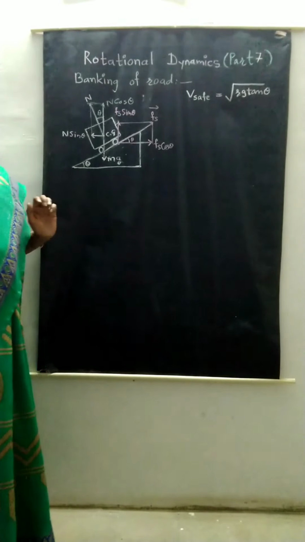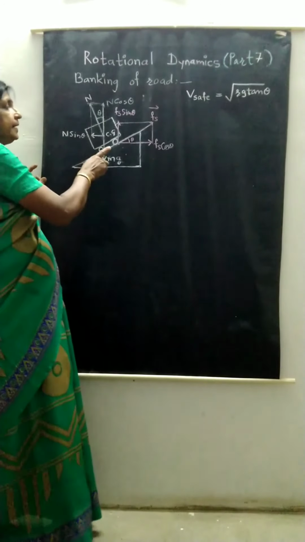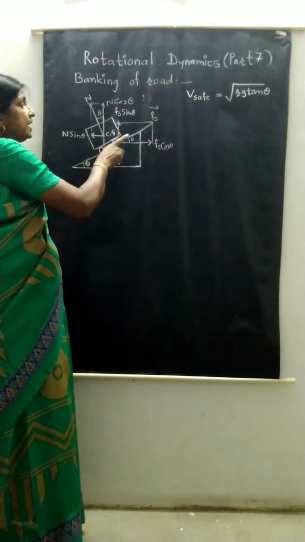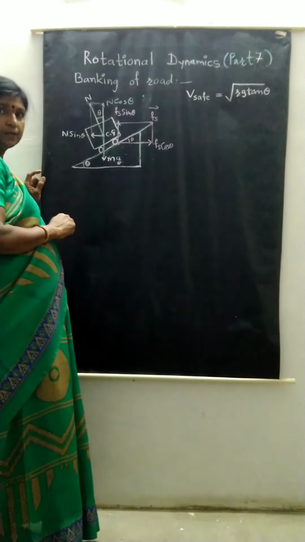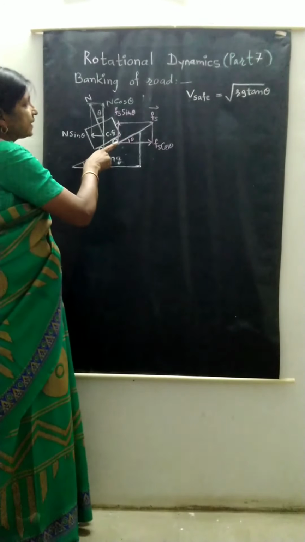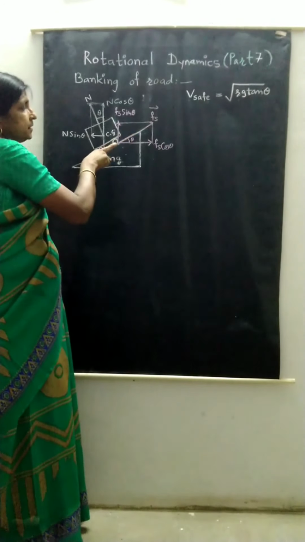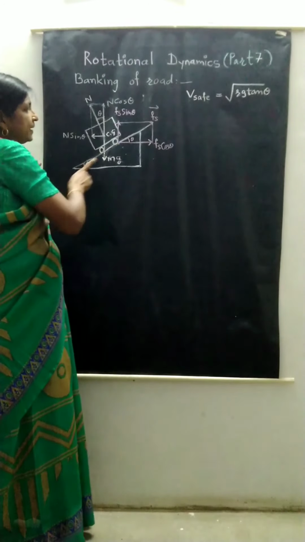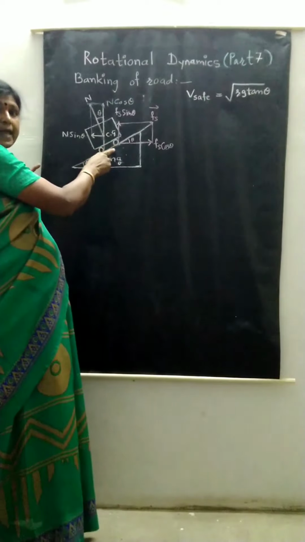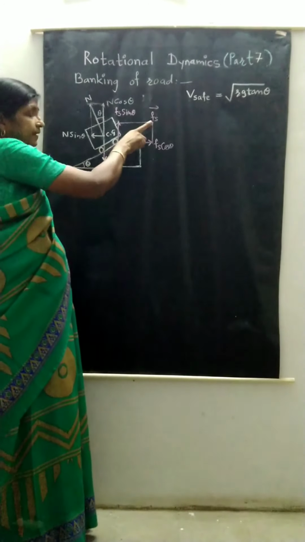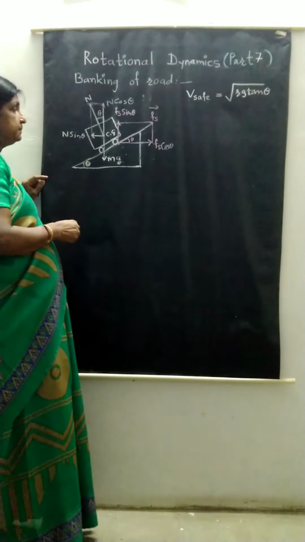Now the frictional force comes into existence and it acts in exactly the opposite direction to the direction of sliding. That is, the force is acting along the surface of the road, along the angle theta as shown in the figure. The force of friction always acts along a surface where there is contact between two surfaces.